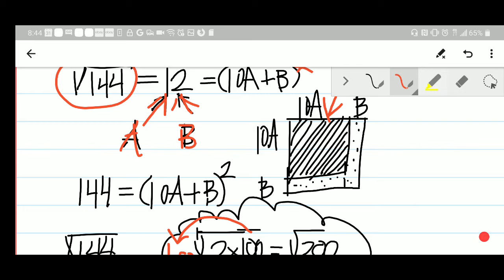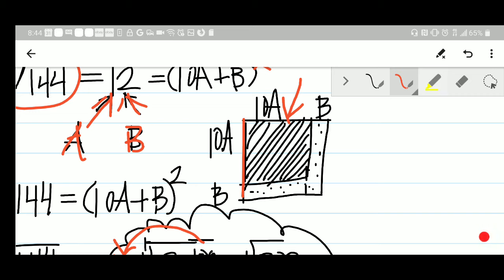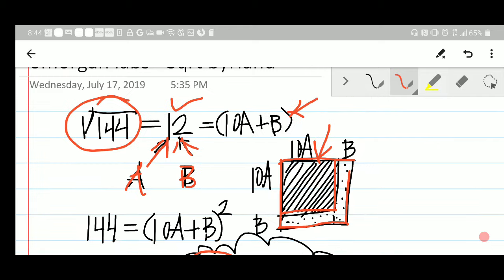Then you can think about a square. If you represented 10A plus B as the lengths of the sides of a square, you would have 10A being the leading part, and B being the extra. So this is just review of what we did already.